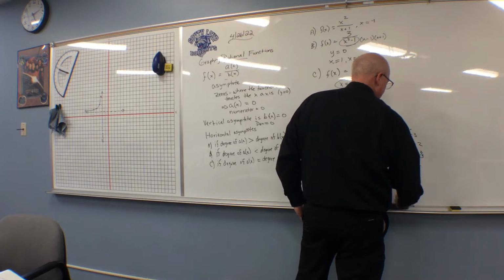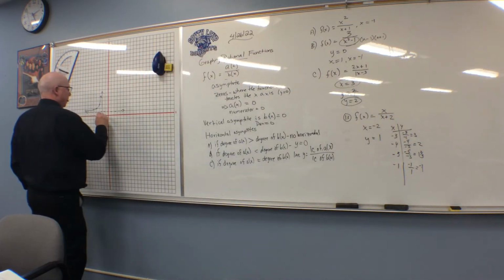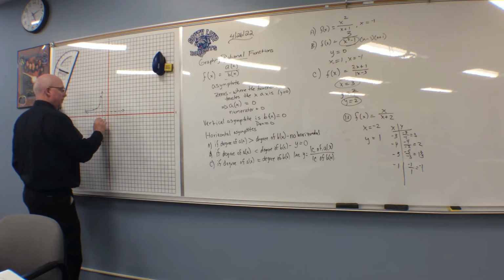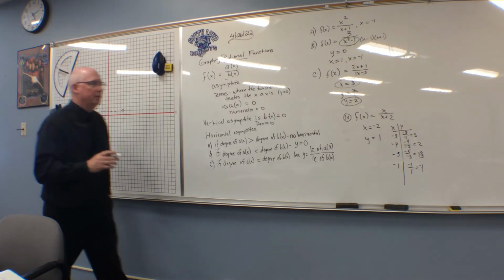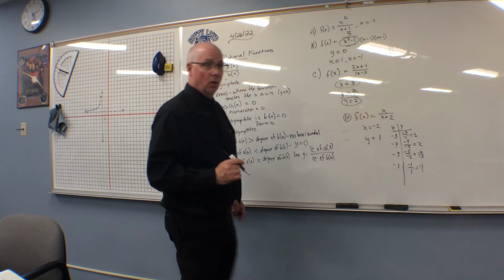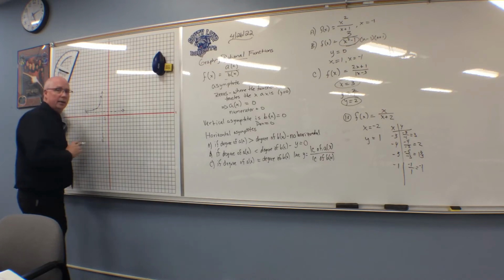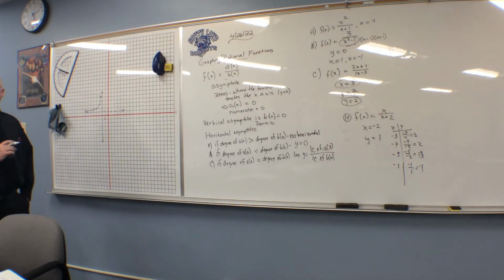My bad. Okay, so it's right here. We put 0 in, we get 0 over this, so it's 0. And this is called a 0 of the function. Because it's where it touches the x-axis. It's a 0 of the function.